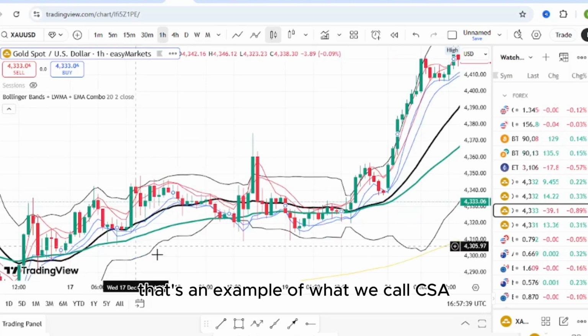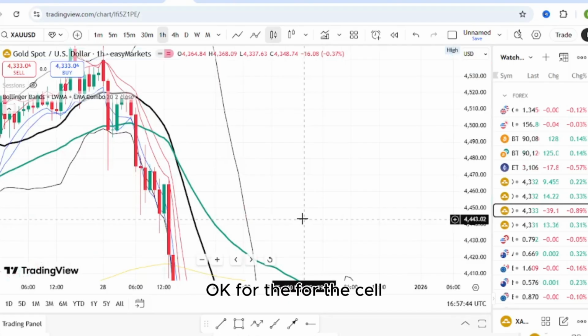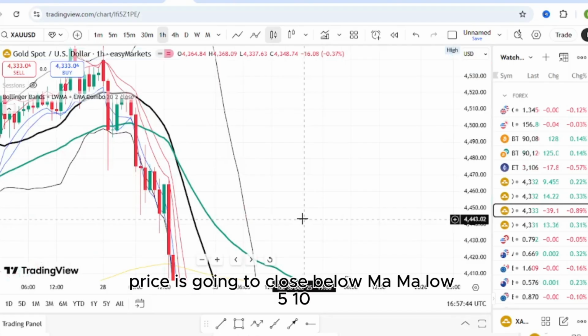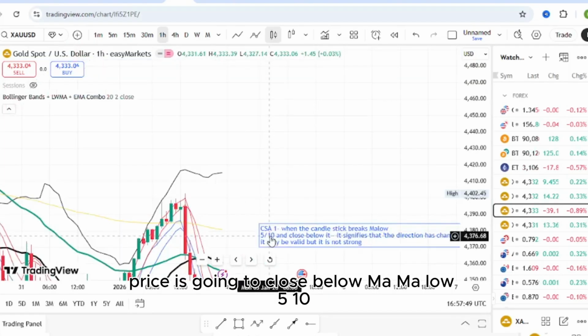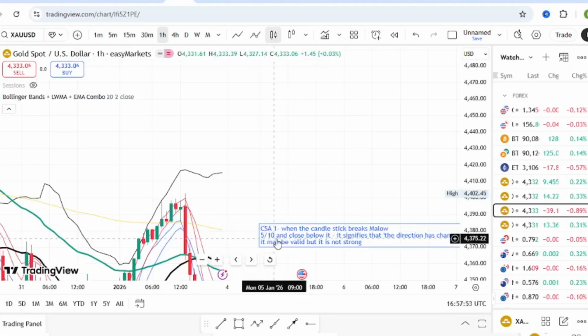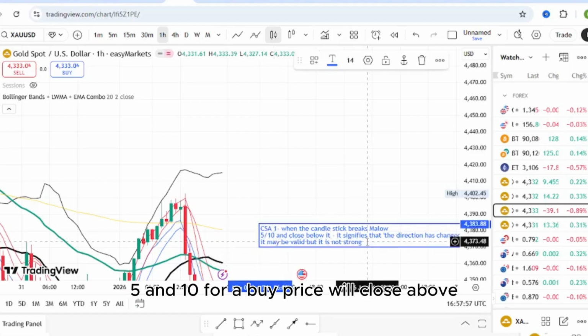CSA. Okay, for the sell, price is going to close below low 5 and 10.